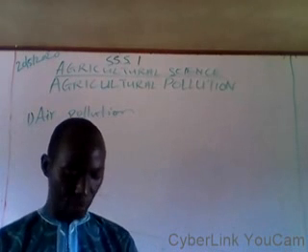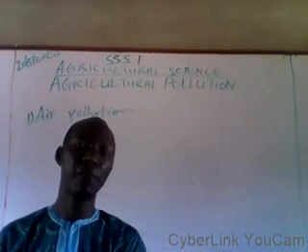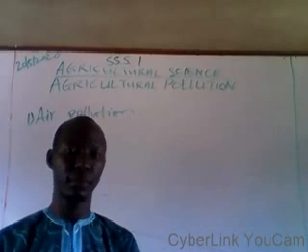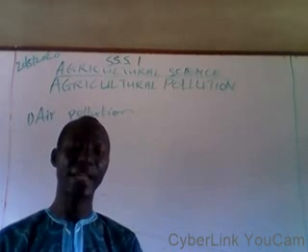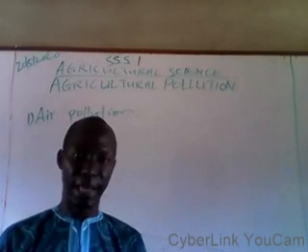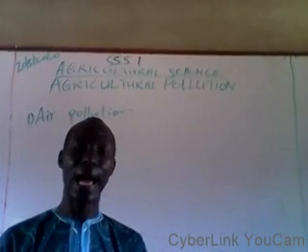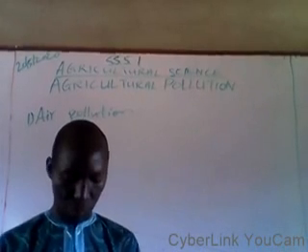What I mean is that when you have air pollution, we also have air pollutants, as well as the sources of the air pollutants, the effect the air pollutants cause, and how we can control them.